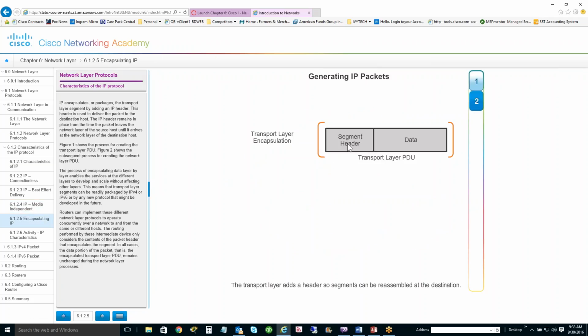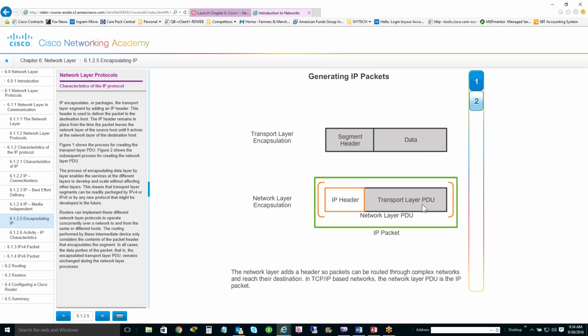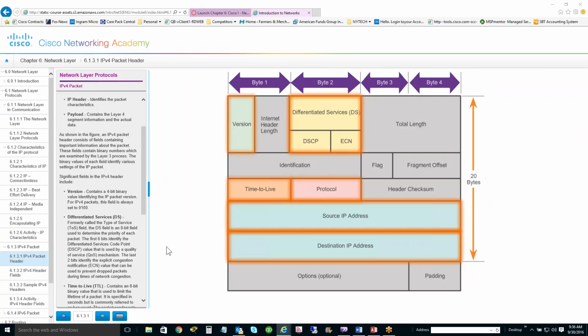To generate IP packets, the transport layer is basically building segments, and then it gets encapsulated into the IP header, which is the network layer PDU. In 6.1.3.1, it shows you the dissection of an IPv4 packet header.